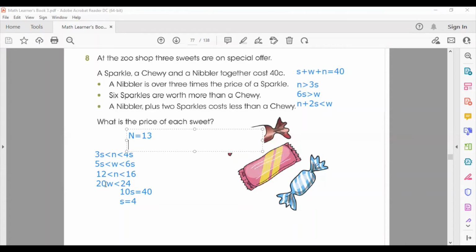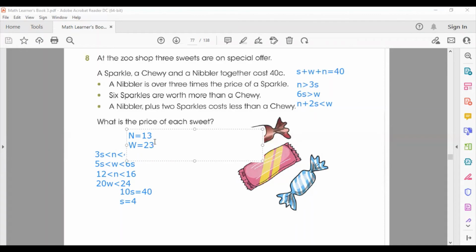W here, 20, 24. So we can assume 23, 22 or 21. So let's start going backward, 24, 23. So we can write it, cherry price or W is equal to 23, and the remaining out of 40 is the price for sparkles.